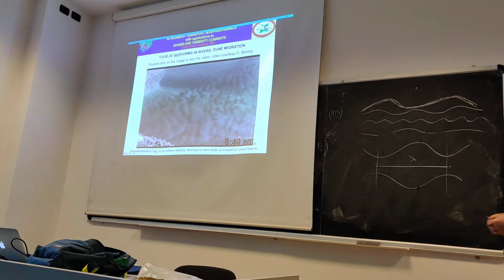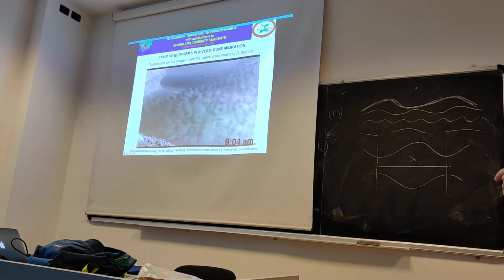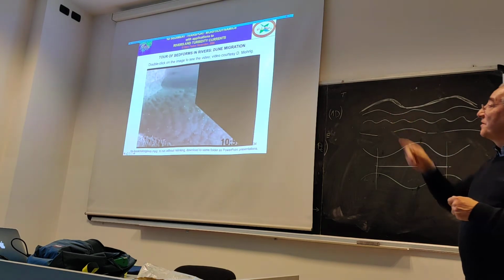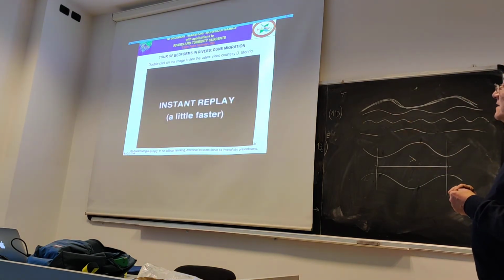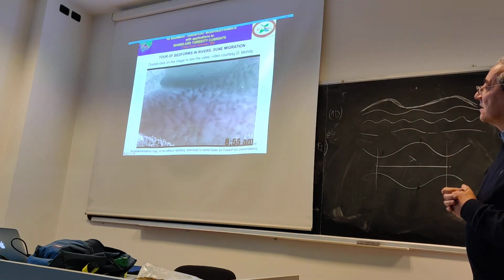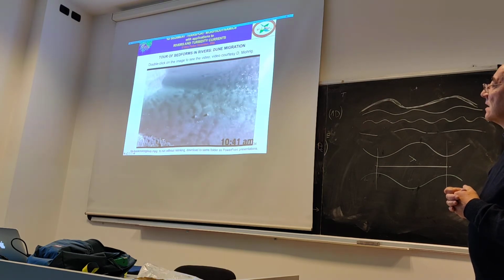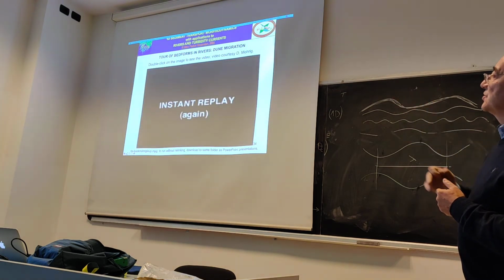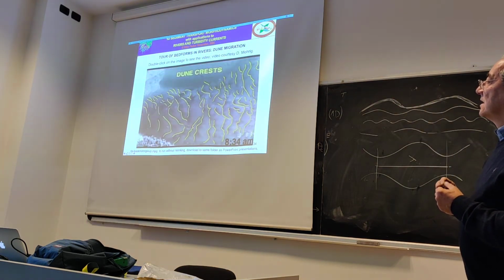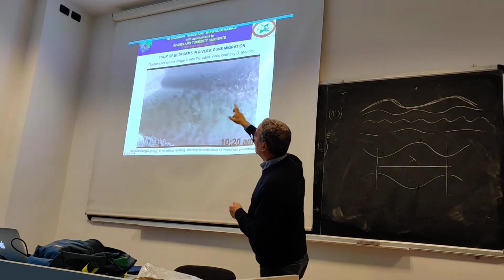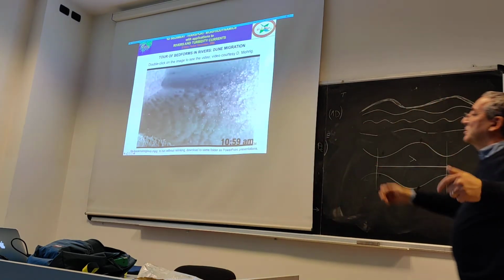Sometimes it's almost magic when you see that this very simple representation of the bed and of the variables is able to give you information on the real thing. Here you can see dunes that are moving. They do migrate downstream, and you also see the superposition of two different situations. It's a field of dunes here, and then there is a big bar, which is a much bigger platform.